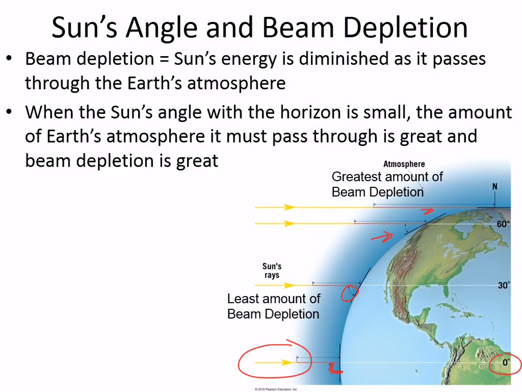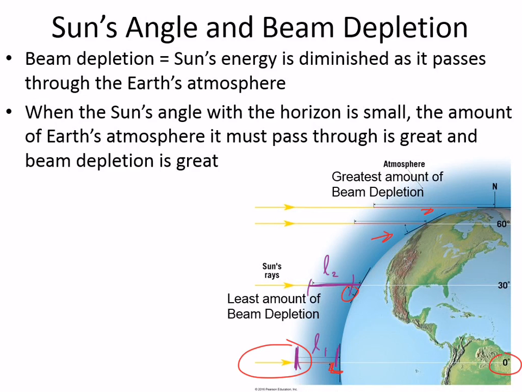Now, if we go back to the equator, this thickness of the atmosphere right here is what can be removing some of the sun's energy. That's the depletion that can happen at that latitude. Right here I'll call this L1, I'll call this L2.